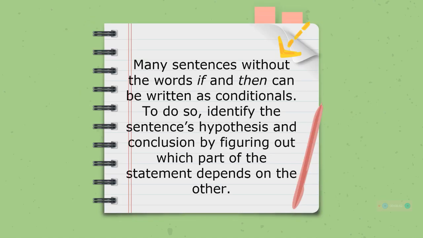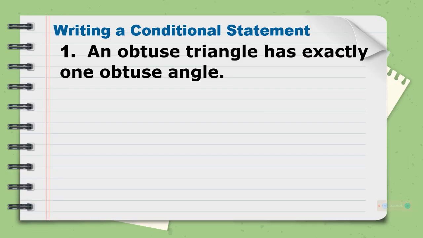So let's proceed. Many sentences without the words if and then can be written as conditionals. To do so, identify the hypothesis and conclusion by figuring out which part of the statement depends on the other. So how are we going to write a conditional statement?